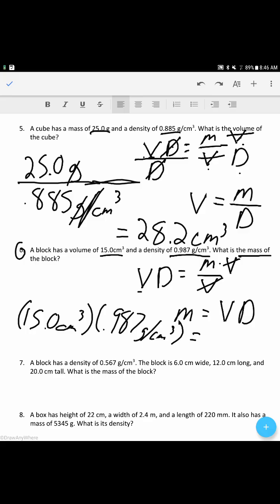And so 15 times 0.987, and we get 14.8, and our unit: centimeters cubed is on the bottom here, and centimeters cubed here is on top, those are going to cancel out, and we are left with grams, so our unit is grams. And those are the three different possible ways to solve a density equation.